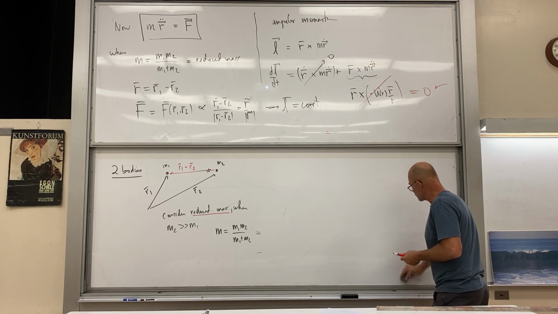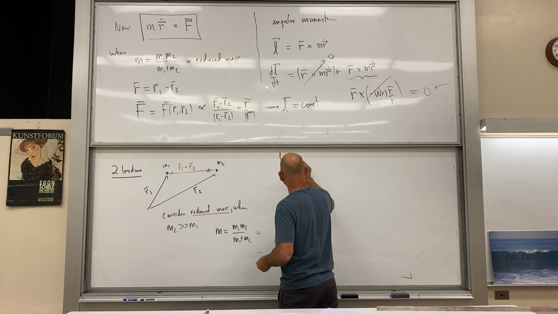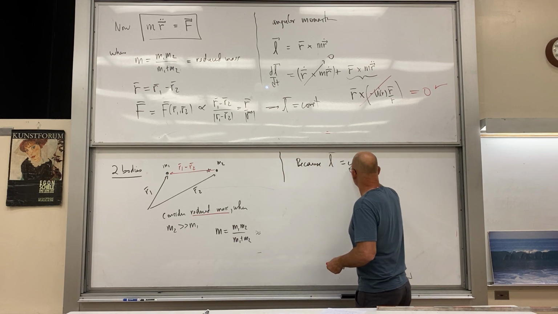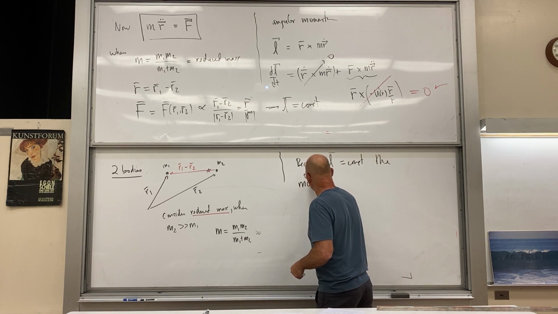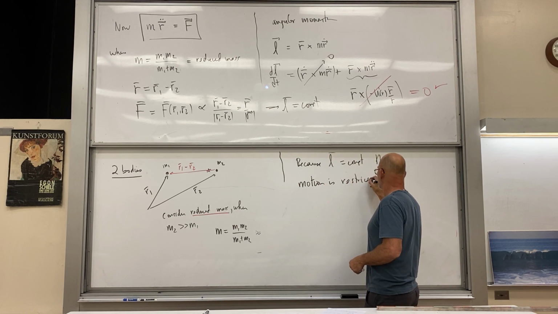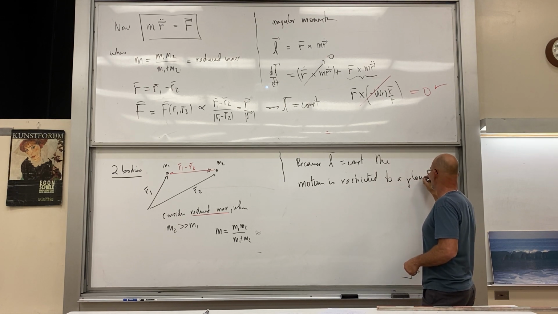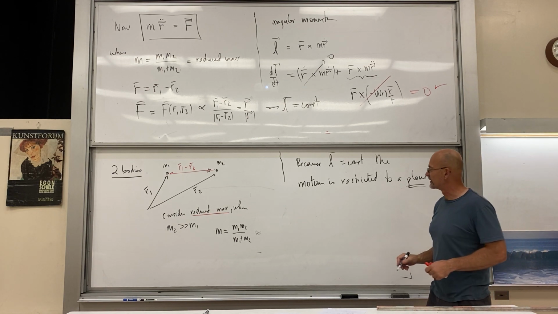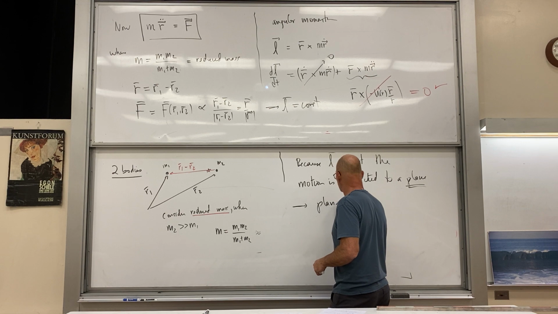So the central force problem motion, because L equals constant, is restricted to a plane. And what we'll start off with next time is plane polar coordinates. That's going to justify the use of plane polar coordinates.